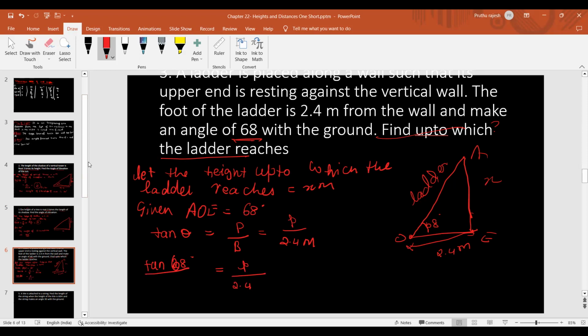In there, the value of tan 68 is given to be 2.475, so 2.475 equals perpendicular by 2.4. To find the perpendicular, it is very simple. Just multiply: perpendicular equals 2.475 into 2.4. You will get the value as 5.94 meters.